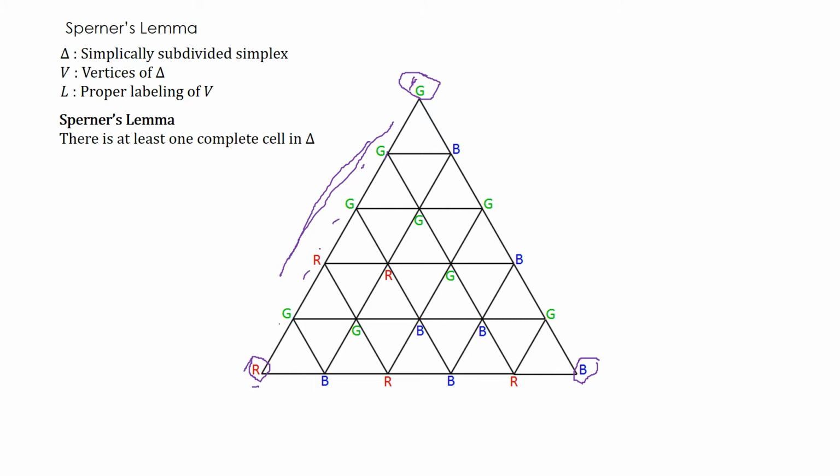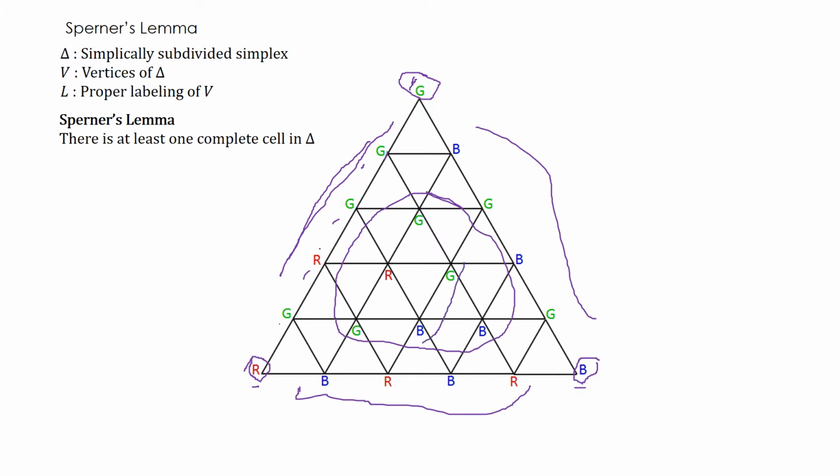Likewise, this is R and this is B, so all these vertices we used only R and B, and likewise for R and G. And the inside vertices we are allowed to use any arbitrary color. Then we showed that if this is the way we labeled all our vertices, there must be a small RGB triangle. That's Sperner's lemma in 2 dimensions.